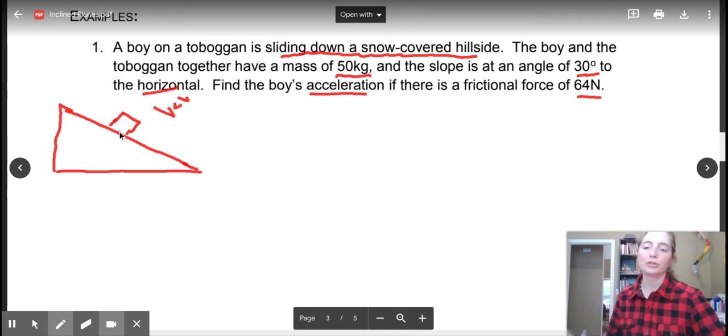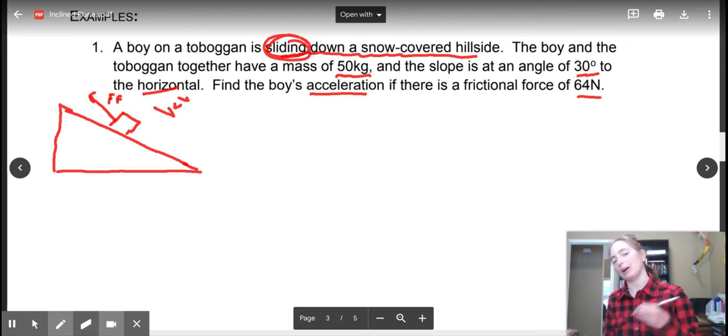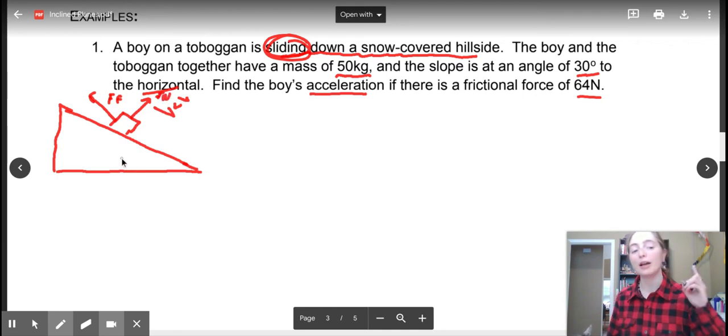Okay, so let us think about our forces. We know we have a force of friction. Now, key word. The boy is sliding down a hillside. He's not being pulled down the hill on his toboggan. We have no force applied, so we're not going to add that force there. We have a normal force, which is going to be perpendicular to the surface.